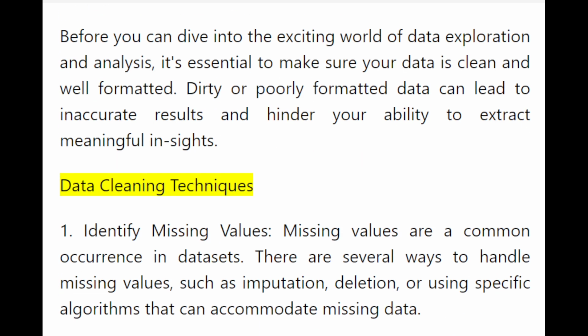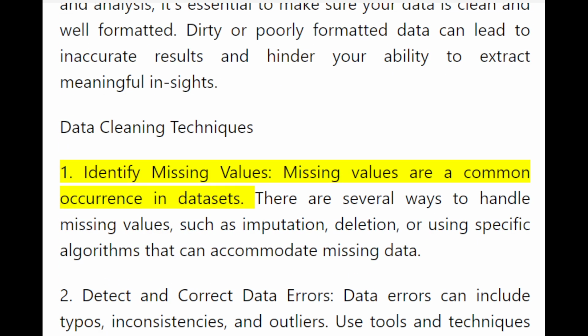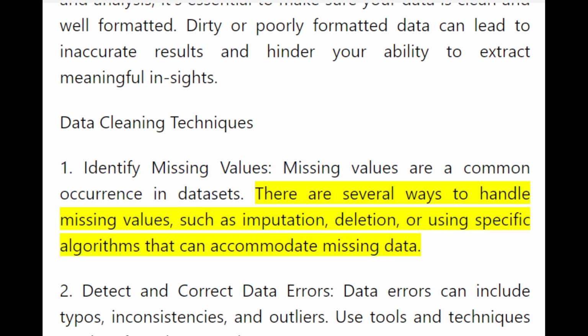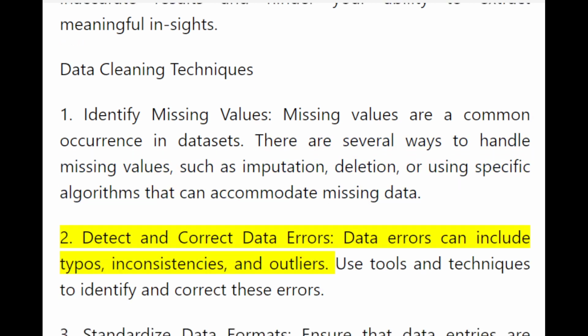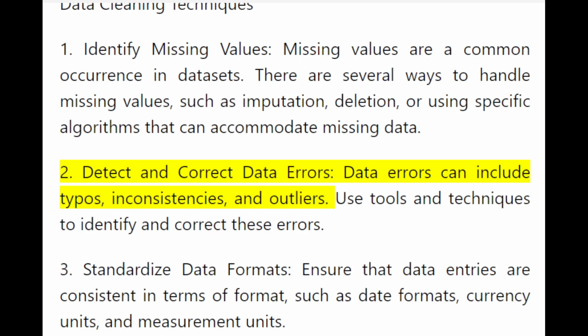Data cleaning techniques. 1. Identify missing values. Missing values are a common occurrence in datasets. There are several ways to handle missing values, such as imputation, deletion, or using specific algorithms that can accommodate missing data. 2. Detect and correct data errors.